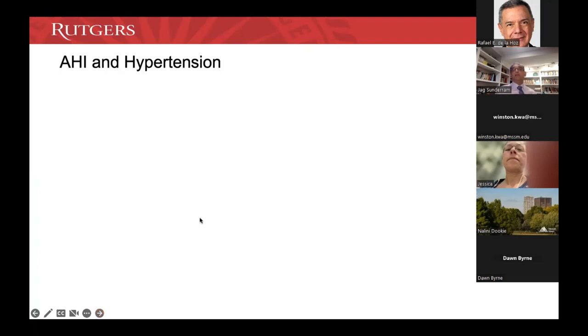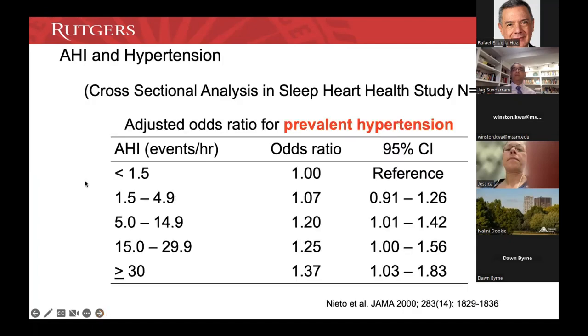So let's look at the apnea-hypopnea index and blood pressure, because there's a tremendous amount of data that supports potentially an association between the AHI and hypertension. And one of the early studies, almost 25 years ago, was a cross-sectional analysis of the Sleep Heart Health Study, where there were about 6,000 participants studied. And this looked just at prevalent hypertension based on the apnea-hypopnea index.